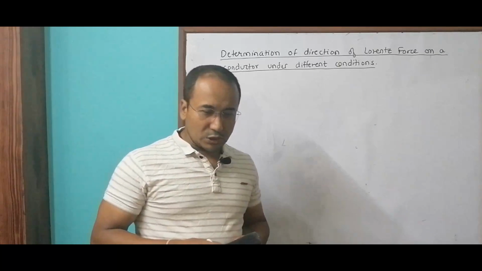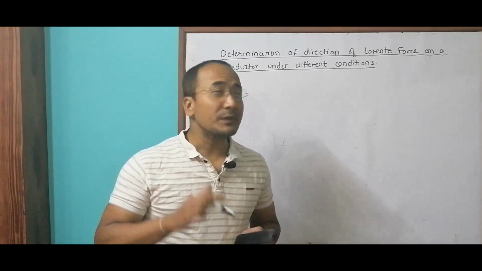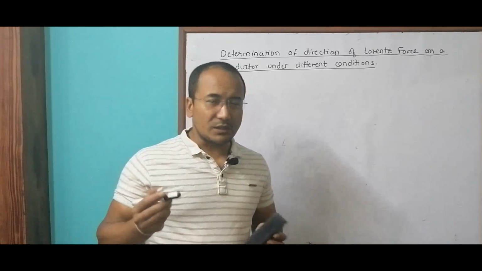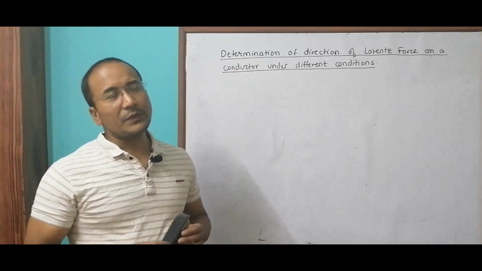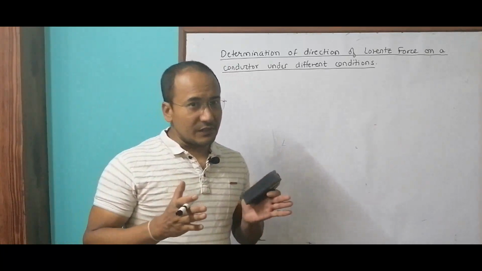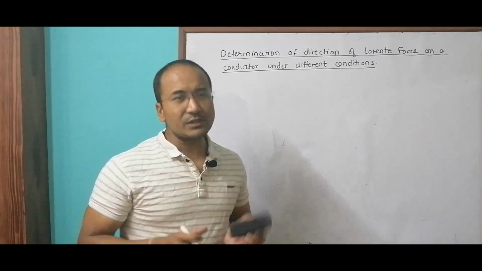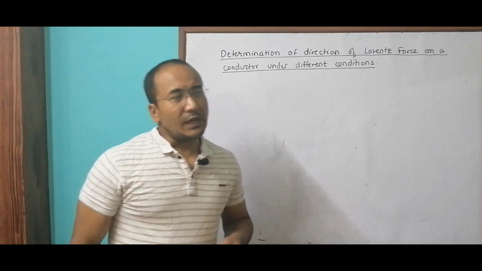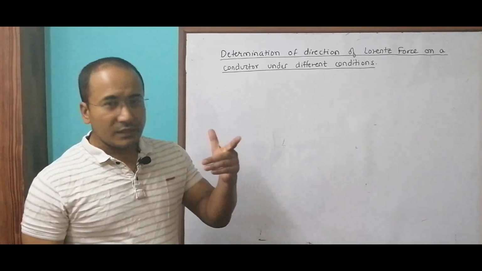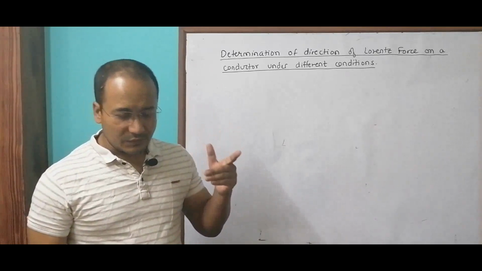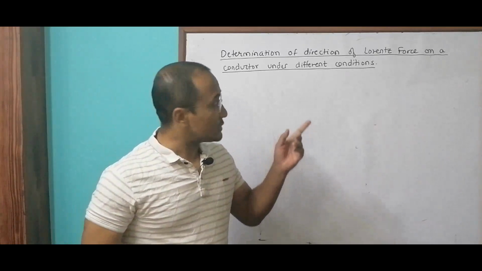Last time we had an understanding of one fact: when a current carrying conductor is placed in a uniform magnetic field created by any source, it feels a force, and the direction of the force is given by Fleming's left hand rule. The force is called Lorentz force.